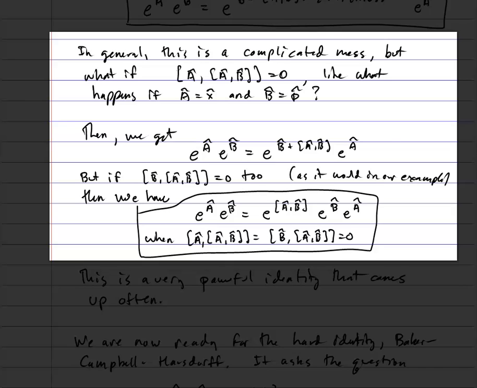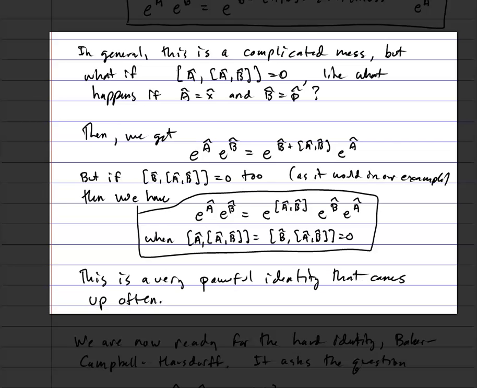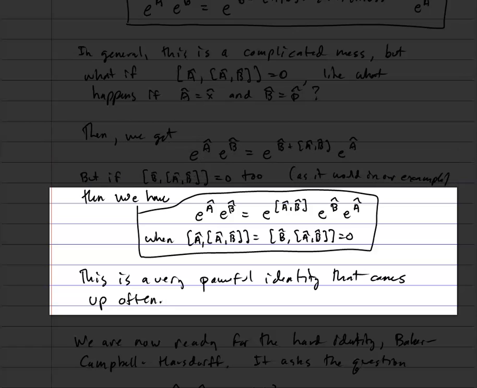You can factorize that exponential, and you'll get e to the commutator of a with b times e to the b times e to the a. Okay? That is a very powerful identity. It comes up often, and it is something that is well worth remembering.